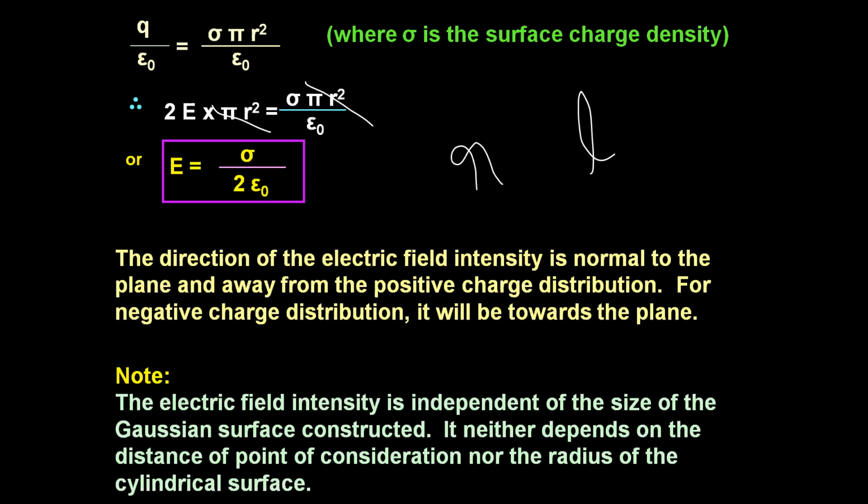It is going to be a constant. As you know, sigma is a constant, epsilon 0 is also a constant. So electric field due to a plane sheet of charge does not depend on the point of our consideration. Around the sheet, at every point, electric field is going to be a constant value.